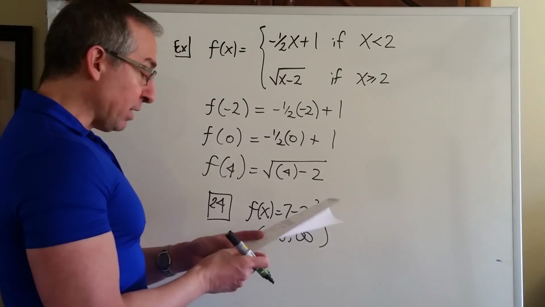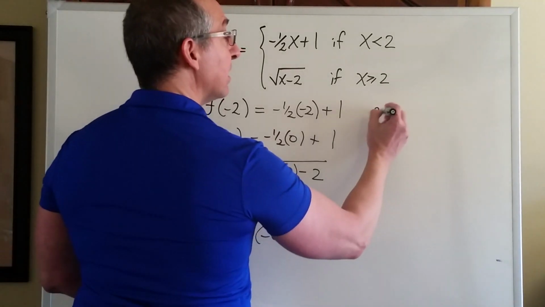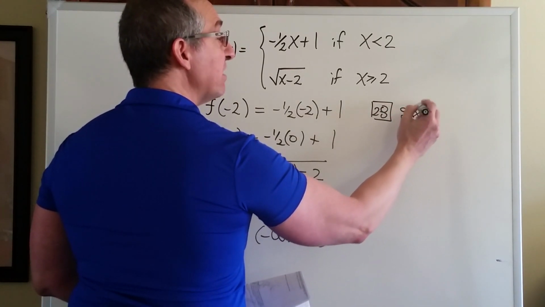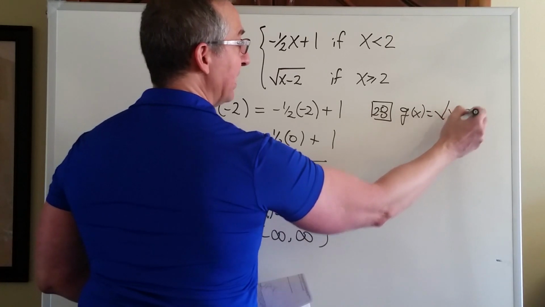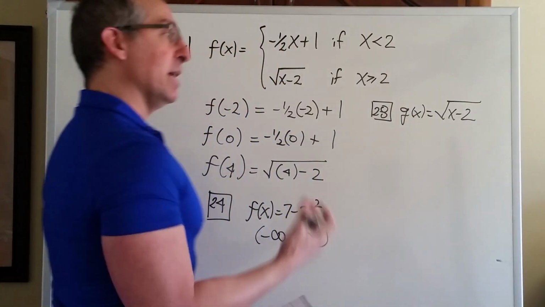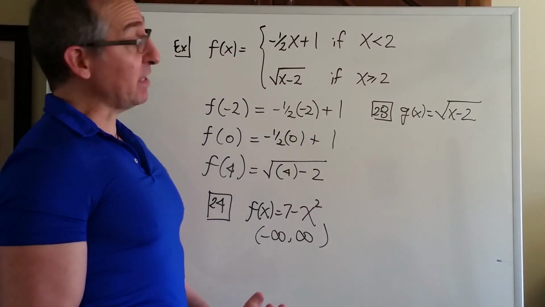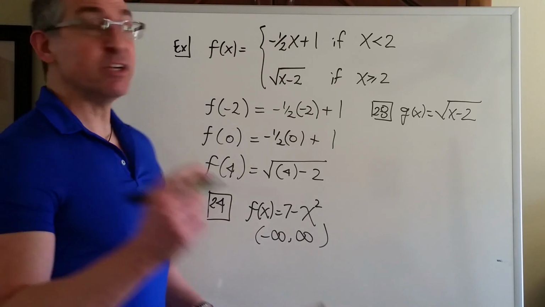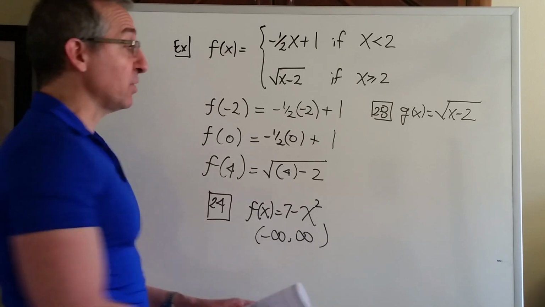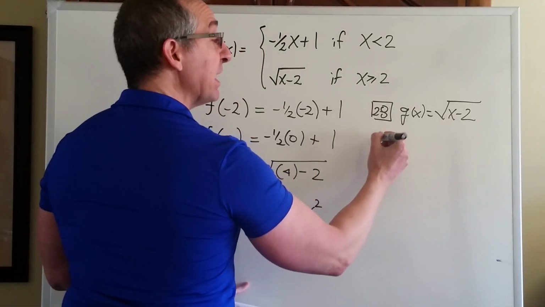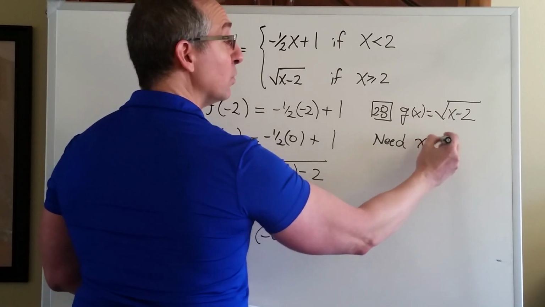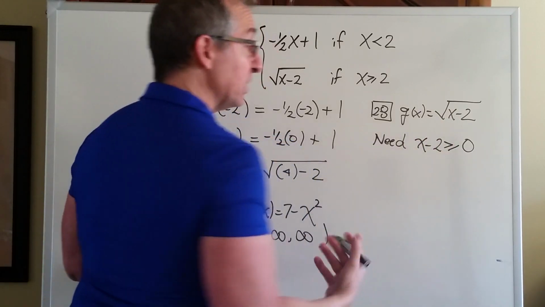Now, a little bit later on in number 28, they say g of x is equal to the square root of x minus 2, okay? Now here you've got to be careful, right? It's a square root function, and we know that you can't have negative numbers under square roots. So make a note to yourself when you're doing this: if you've got a square root function, in this case you're going to need x minus 2 to be greater than or equal to 0, okay?